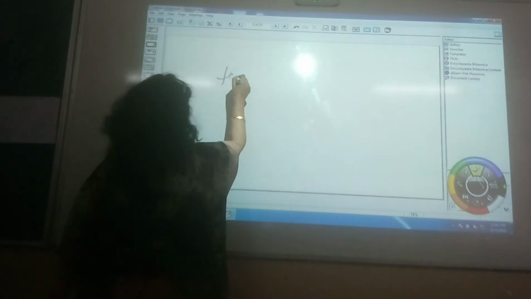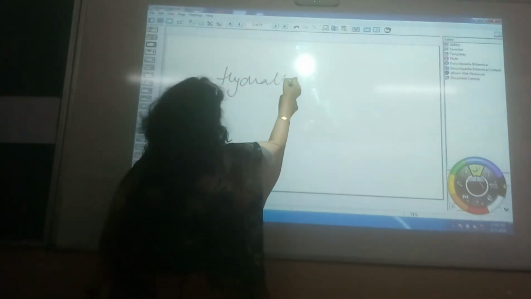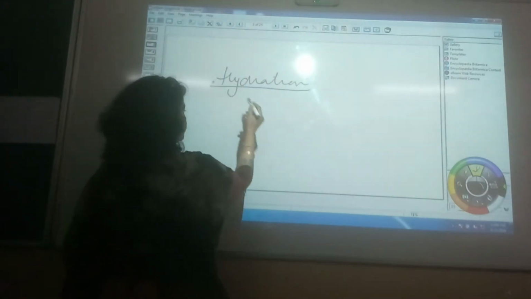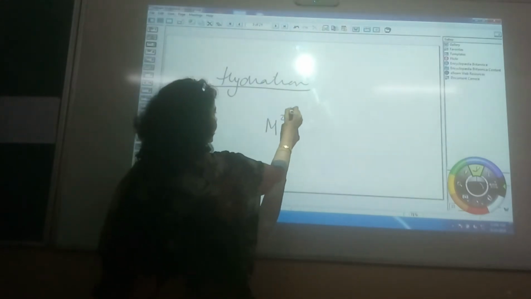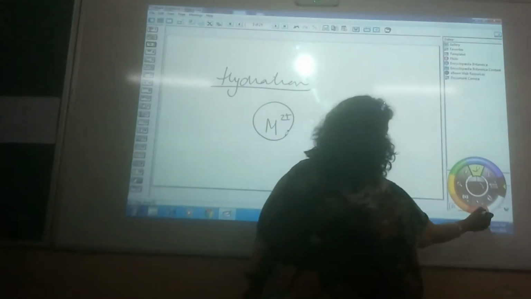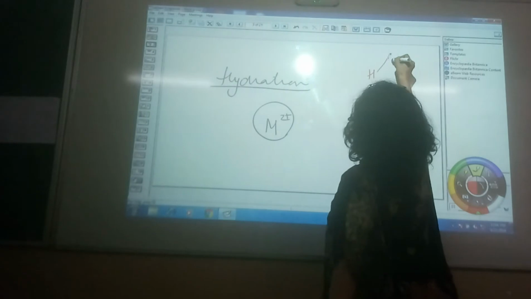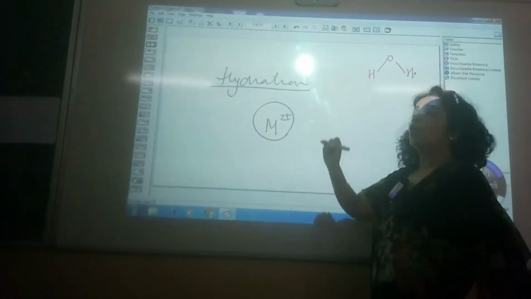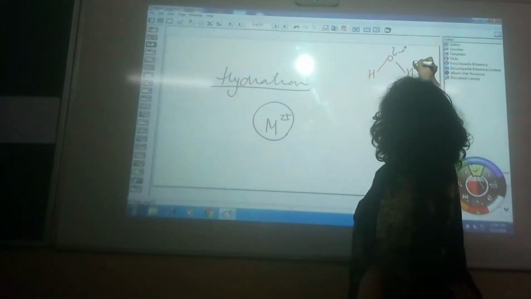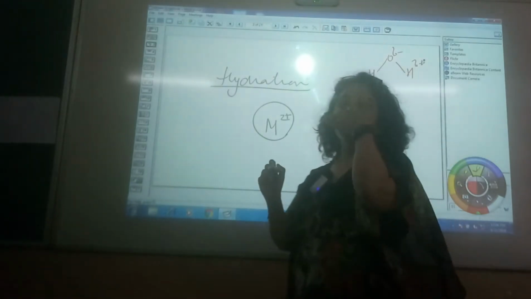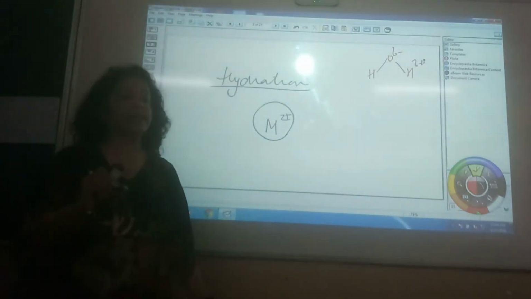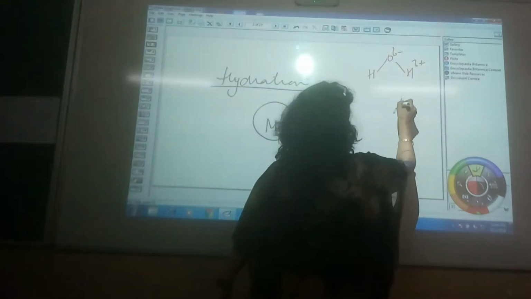In case of the hydration energy, it refers to your metal ion, taking it as 2 positive, being attracted by water. This is the water molecule, oxygen having a delta minus and hydrogens having a delta positive due to the difference in their electronegativities. This I would represent like this.